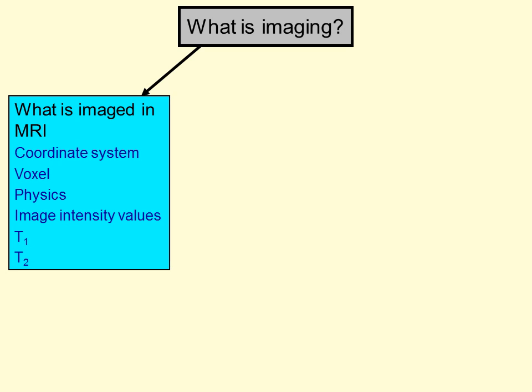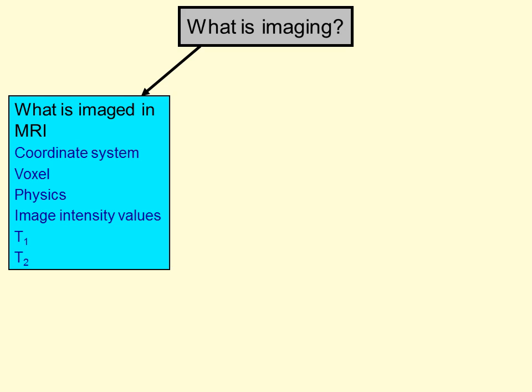And of course anatomical images are also used in psychological research. So we need to consider later in this lecture the coordinate system that we use to navigate around the images and allow us to communicate with other people about what part of the image we're talking about. We need to define the concept of a voxel, which is very important in MRI.